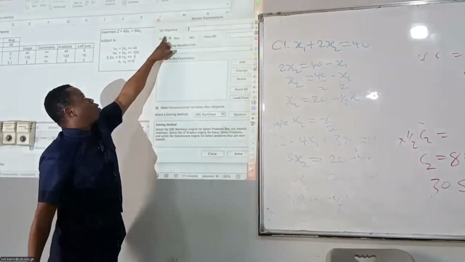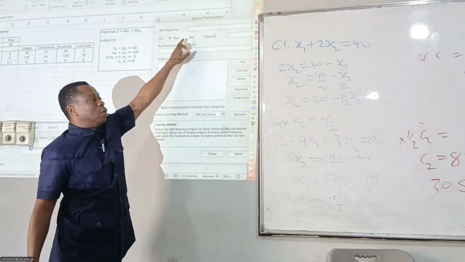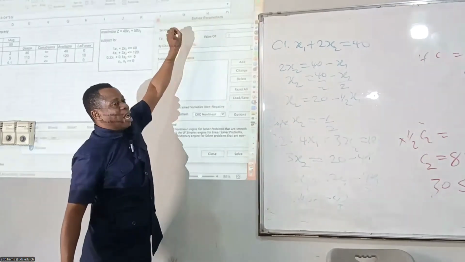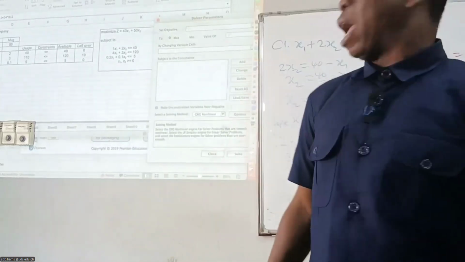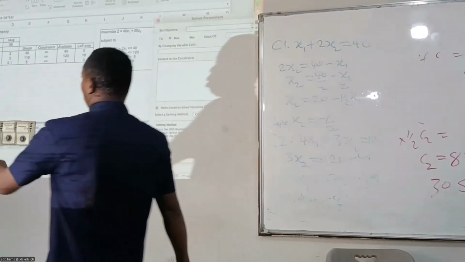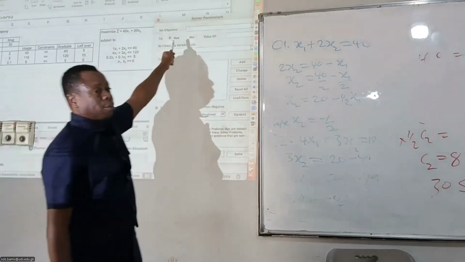Remember, I said here, set objective. That's where your objective function will be. You see that the cursor is live there. So over there, I just come to my Excel and click on this cell, which is B13. Once I click on it, it will pick it here.